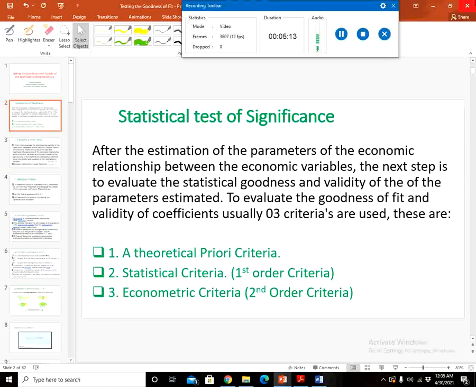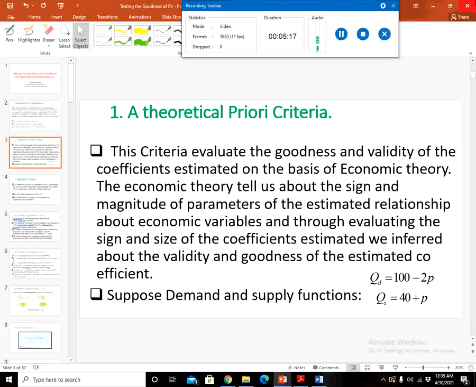Number 1, theoretical a priori criteria. How do we employ this criteria to judge the validity and significance of the estimated coefficients? Economic theory tells us about the nature of the relationship among the dependent and independent variables.